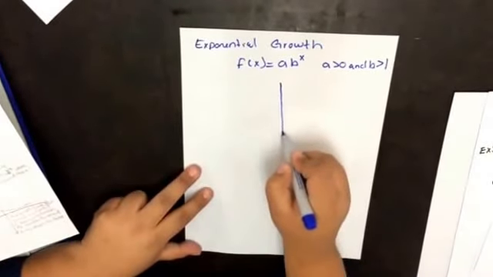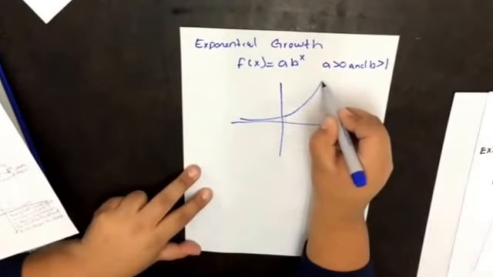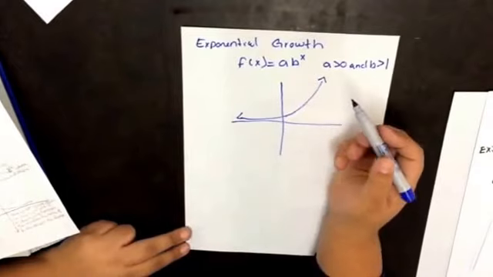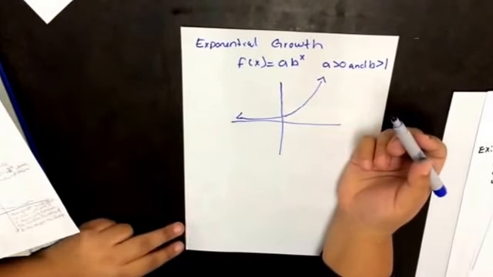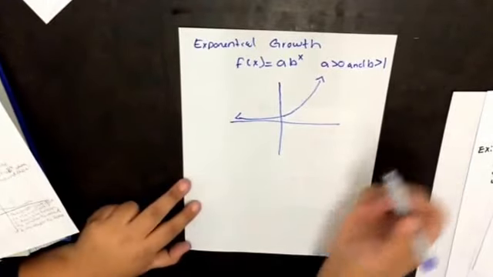And it's going to look something like this. So this graph goes up to the right and is an increasing function. The greater the value of b, the steeper the increase.